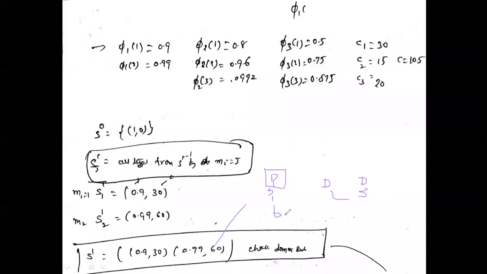Here the cost is 60, here 15, here 20. That means the total cost is 95. So 95 is less than or equal to 105.